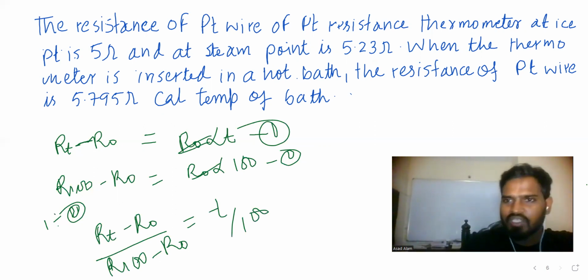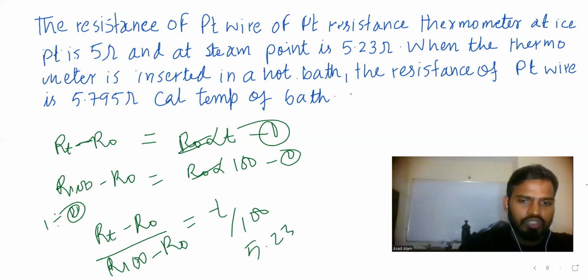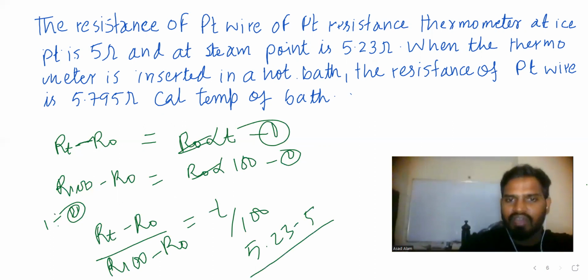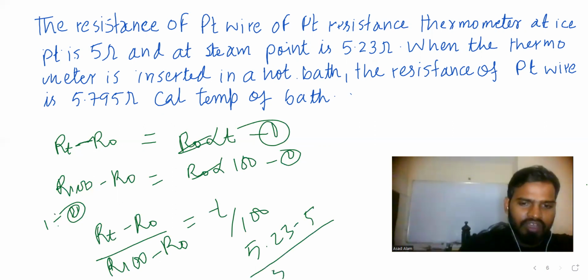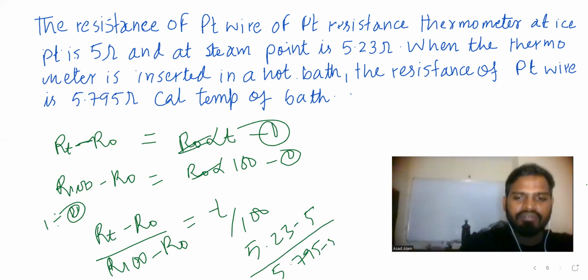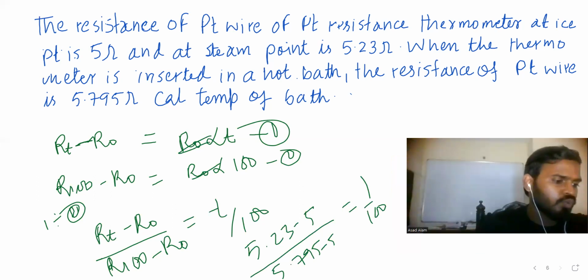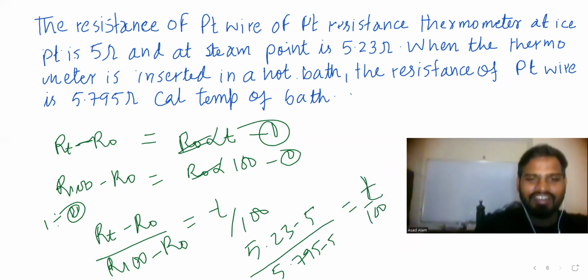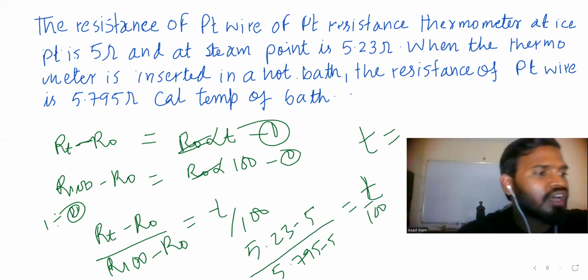So now RT, the resistance at temperature T, is 5.23. 5.23 minus 5 divided by 5.795 minus 5 is equal to T by 100, not 1 by 100, then everything will become waste, right? So T, if you solve from here, you are going to get what?